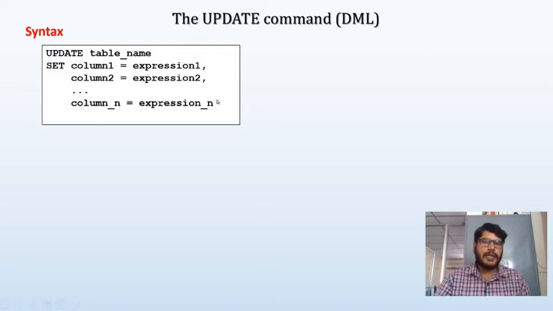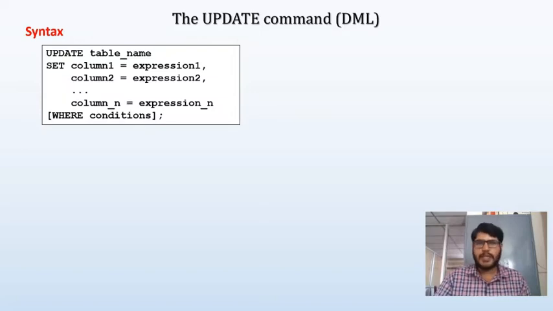We can end this statement by using a semicolon here itself, but while writing the update command, we can use the where clause as well. So we can use the where condition wherever it is required. We can utilize this where clause to specify a condition. So this is the general syntax for the update command.